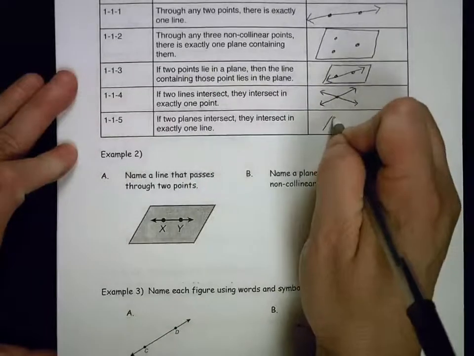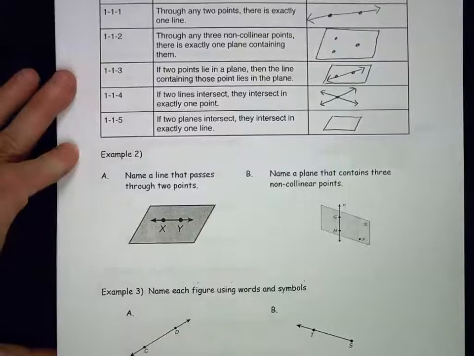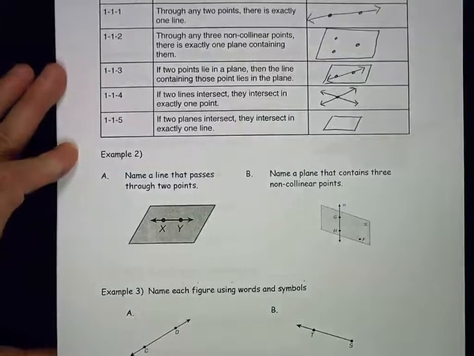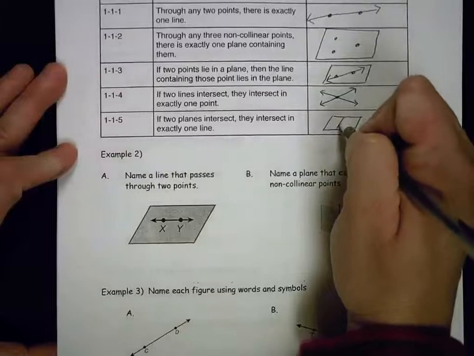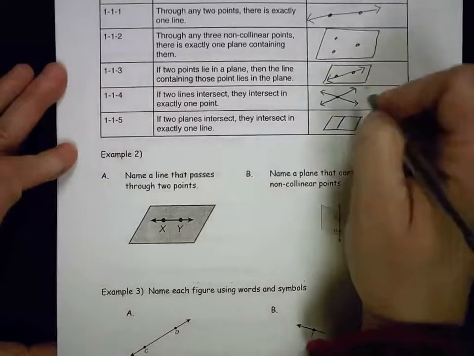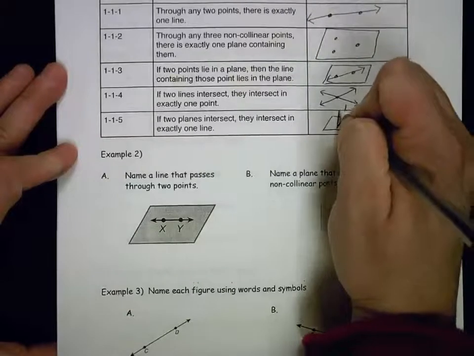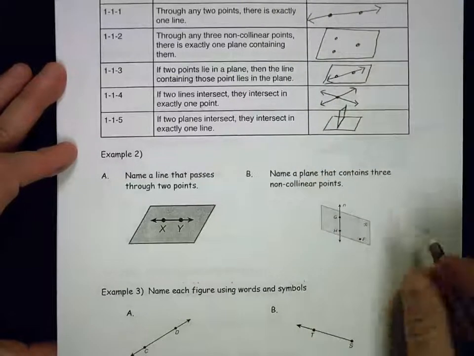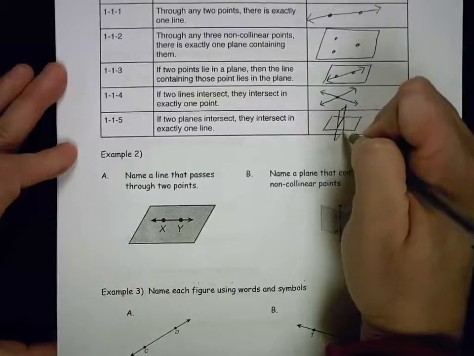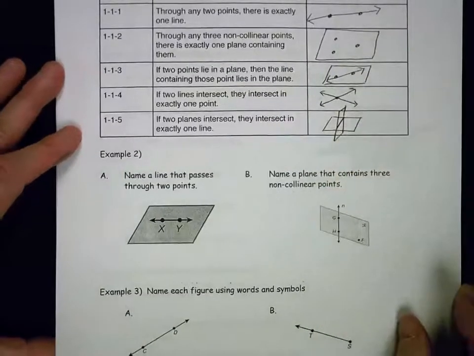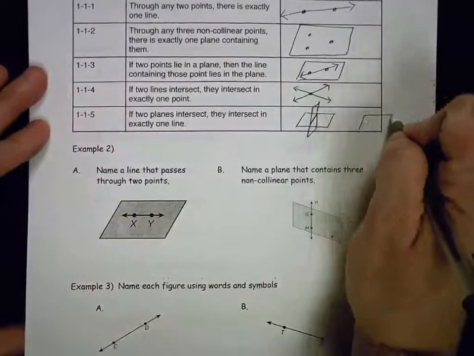And if 2 planes intersect, they intersect in exactly 1 line. And watch me draw this the first time, and then I'll show you how to do it. There's our first plane, and then I draw the line where they intersect, which is right there. From those points you go up, and you can see the second plane forming, and then you also go down and draw the second plane. And let me draw that one more time.